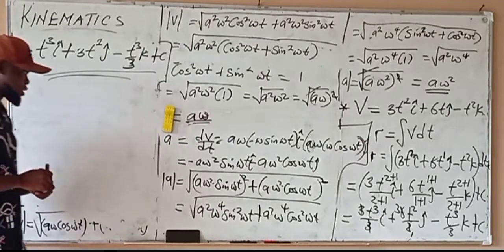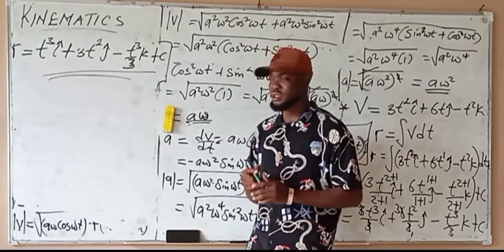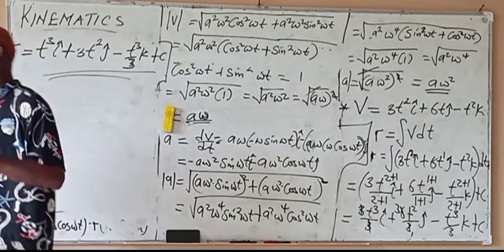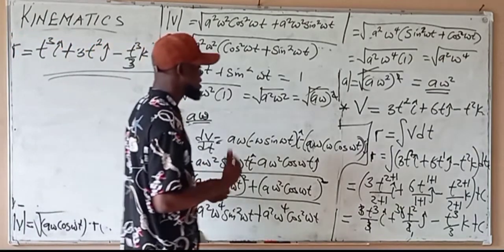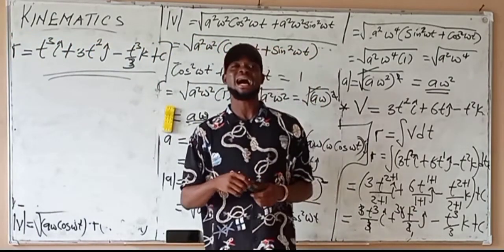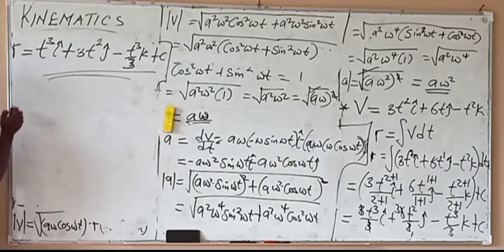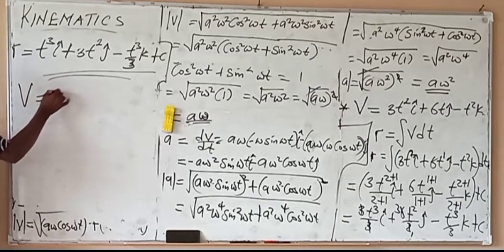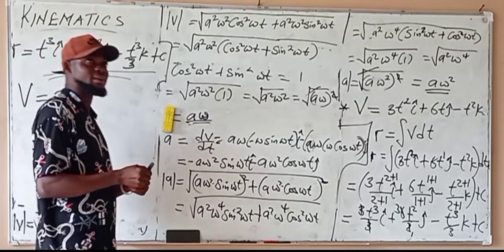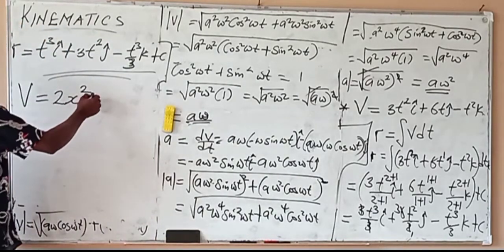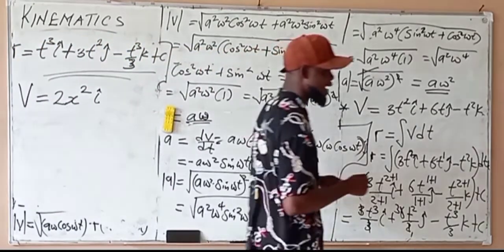Let's look at this question now, and you take it as classwork. The velocity of a body is given as a function of displacement according to the law v is equal to 2s squared i.